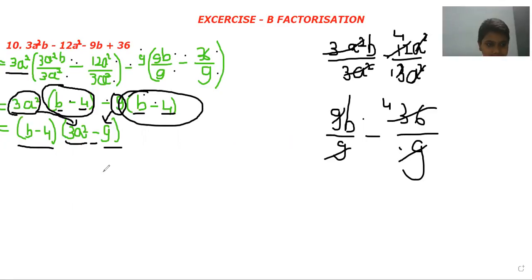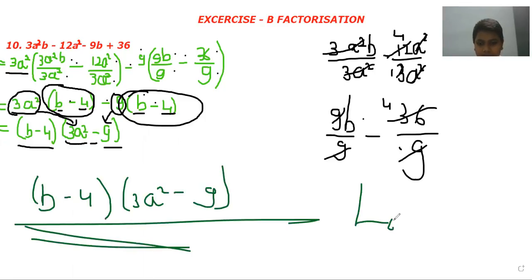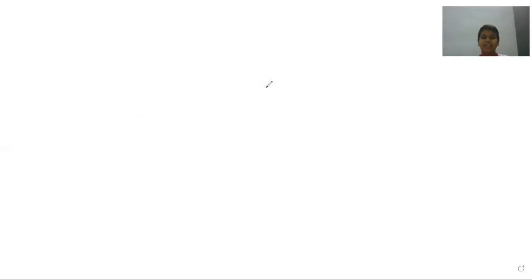So our total answer for today is b minus 4 and 3a square minus 9. This is the last sum of today.